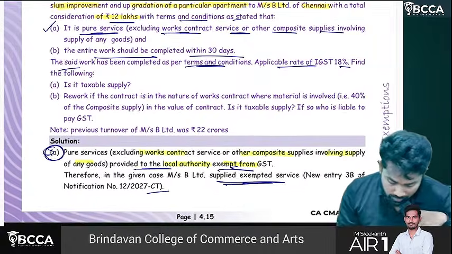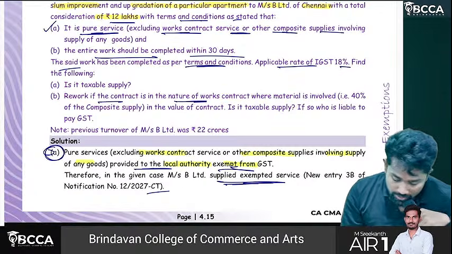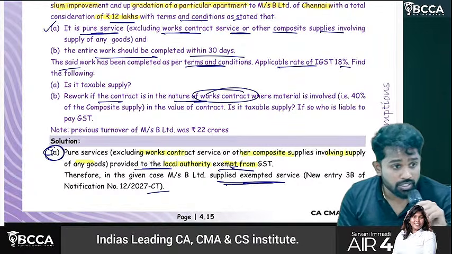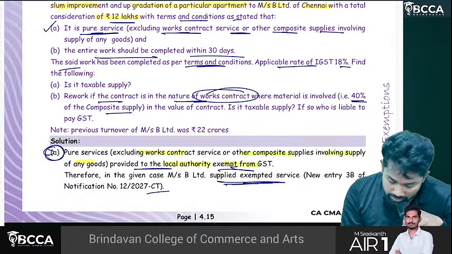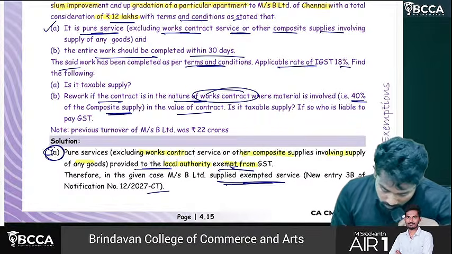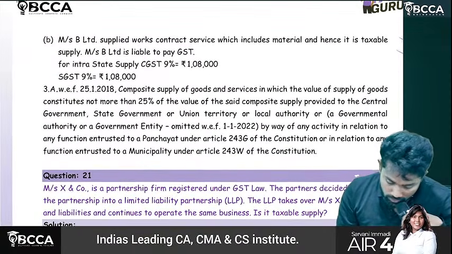Then reworking, if the contract is in the nature of works contract. What is a works contract, sir? It involves both goods and services, and that is 40% of the composite supply in the value of contract. Sir, look at what they said here.